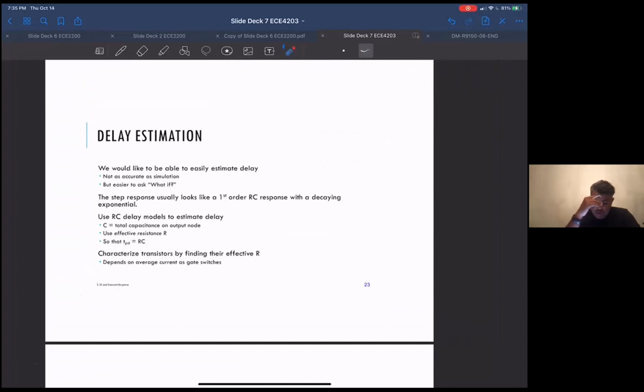But if you just model the transistor, so let's say the N MOSFET, if I just model that as a resistor, okay, so basically what I have is, if I model this guy as a resistor and a capacitor, it makes a pretty good model of what happens.